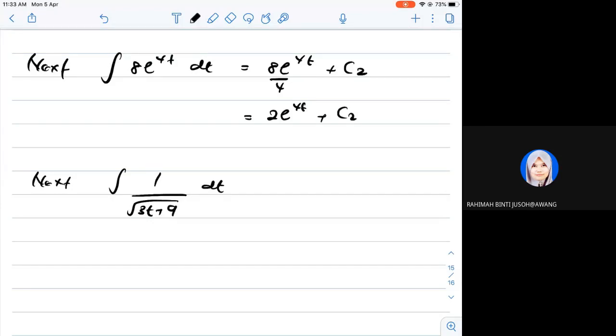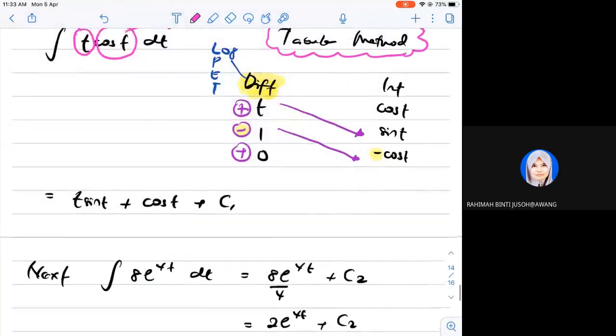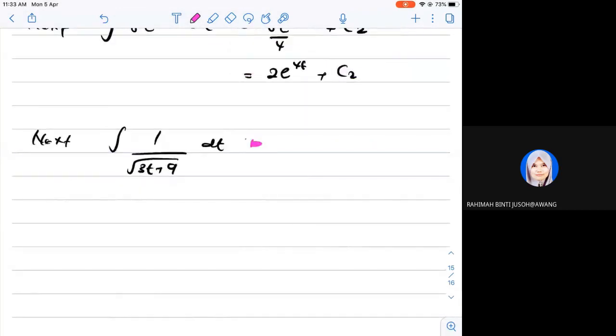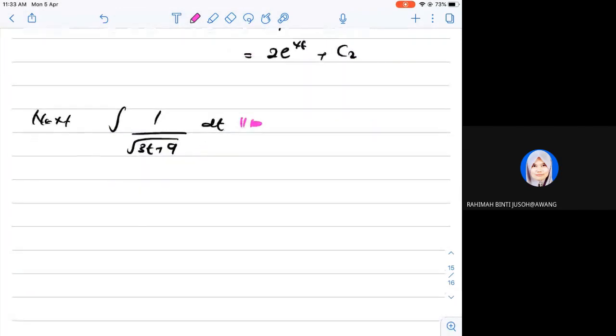Macam mana nak integrate ni? Any idea from my brilliant student? You all kan brilliant. Macam mana guys? Dia tak jadi ln ke mana? Dia tak jadi ln. Dia guna substitution.